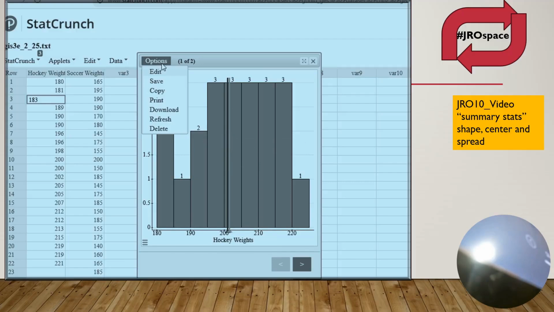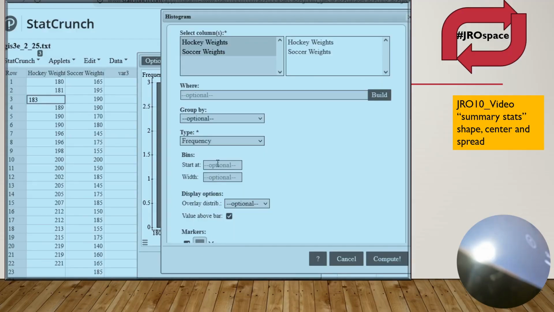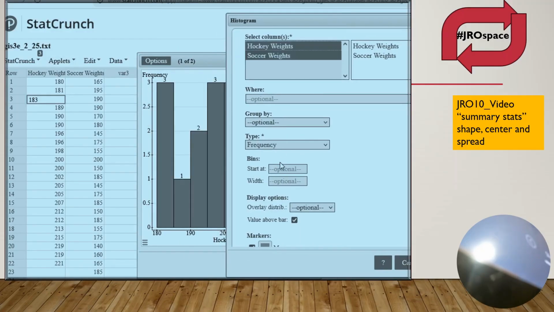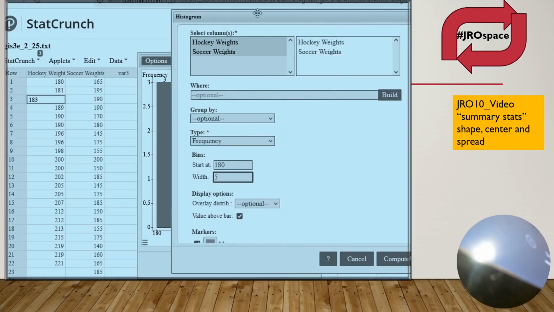Let's try to start the bins and see what happens. Let's start them at 180, which is what we already have. But let's make the width 5 this time. And we're going to see how this histogram changes.